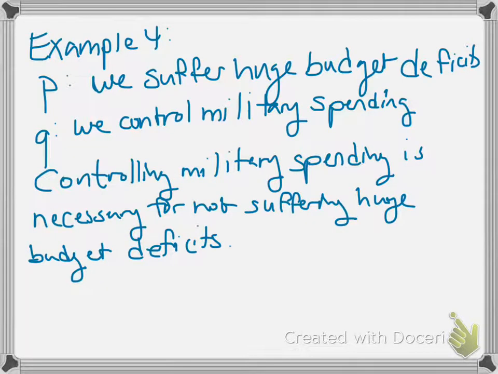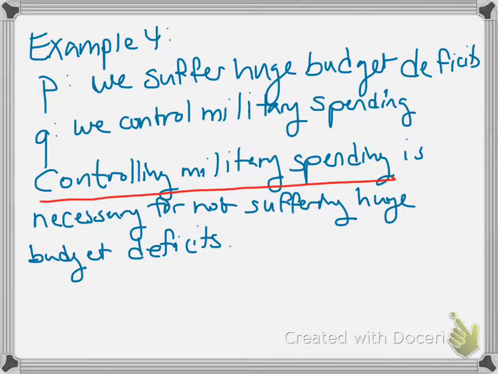So example 4. Statement P, we suffer huge budget deficits. Statement Q, we control military spending. So our statement is controlling military spending is necessary for not suffering huge budget deficits. All right? So, controlling military spending. Now, would we say controlling military spending as a sentence?